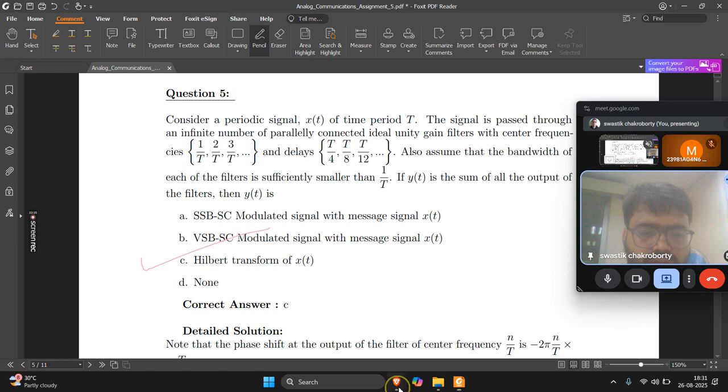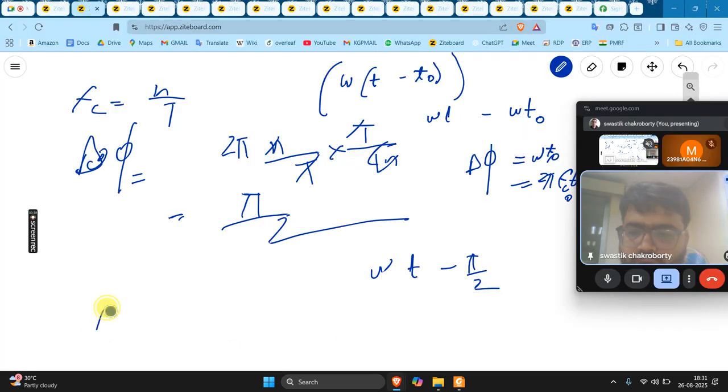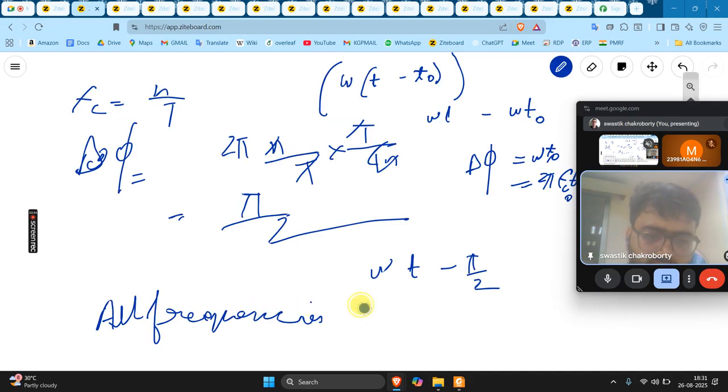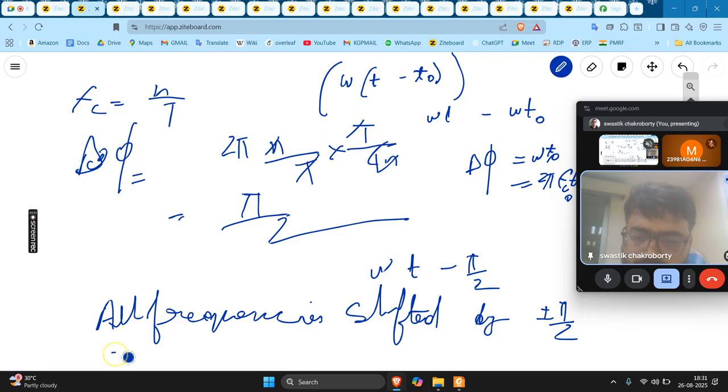Okay, since it is pi by 2, all frequencies shifted by plus minus pi by 2 implies Hilbert transform.